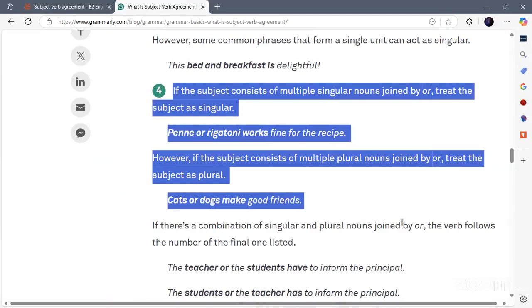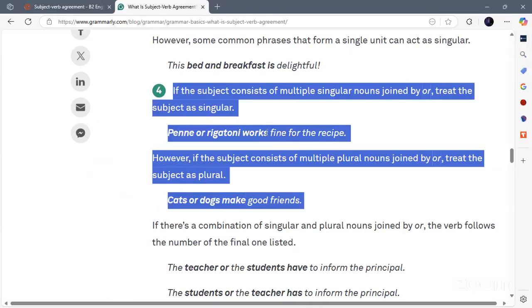If the subject consists of multiple singular nouns joined by or, treat the subject as singular. Penne or rigatoni works fine for the recipe. That's right. We're talking about pasta, right?